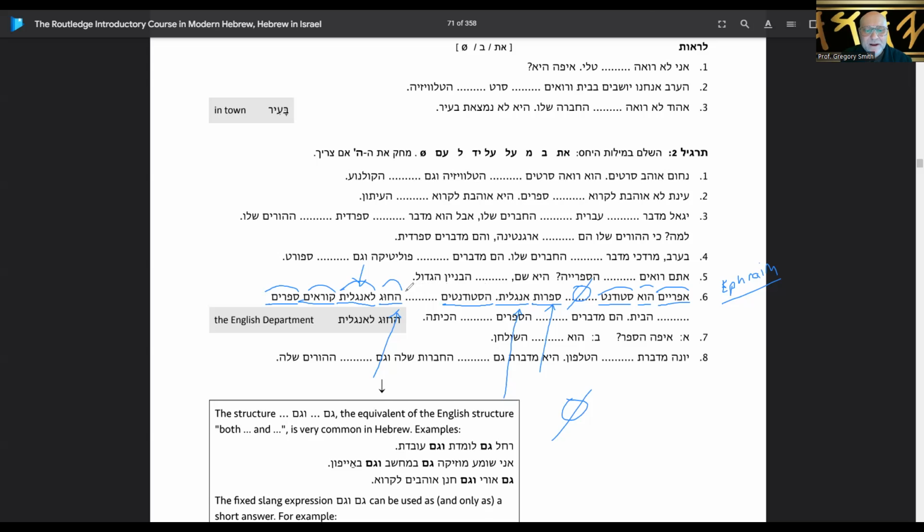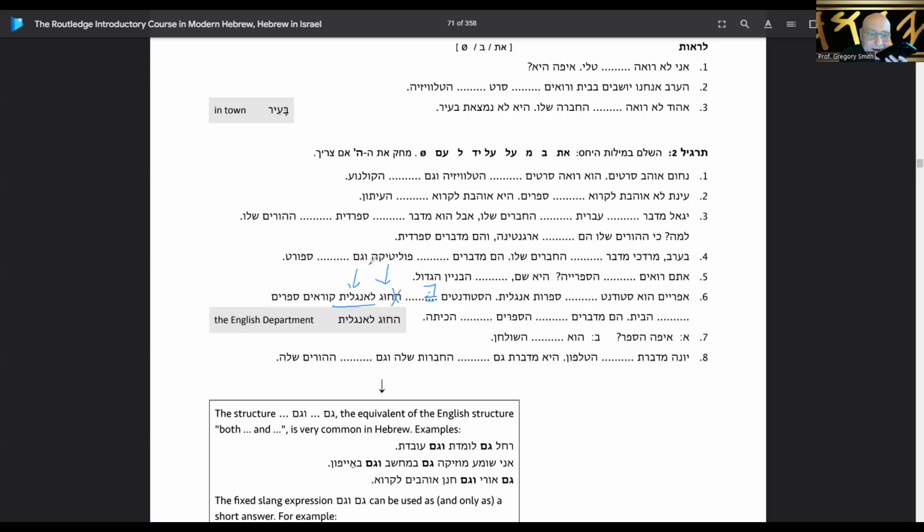Okay, hastudentim blank chahug le'anglit korim sfarim. Okay, so in the class. So I think it's going to be in, with, or on. So it's probably this one here. And I wonder if we're going to get rid of this right here and put bahug le'anglit, in the literature class, in the class for literature. Literally, that's what it means, le'anglit, in the class for English, in the English class. So let me double check that.